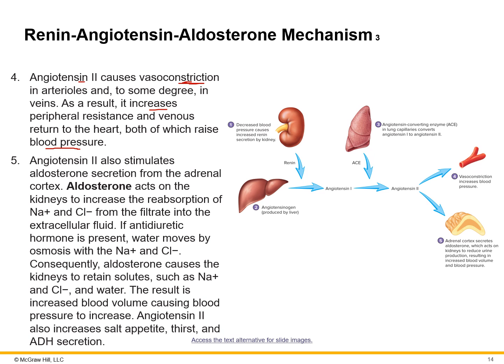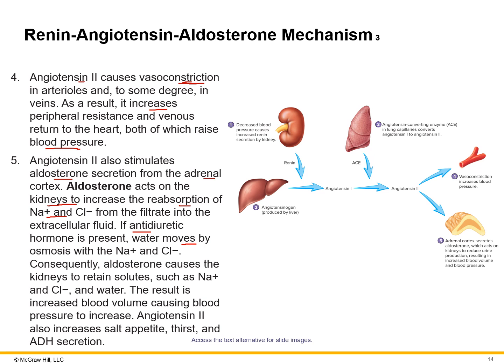Now it also stimulates a molecule called aldosterone that's secreted from the adrenal cortex. Aldosterone acts on the kidneys to increase reabsorption of ions, essentially sodium and chloride ions, from the fluid. If antidiuretic hormone is present, then water moves by osmosis with the sodium and the chloride ions.